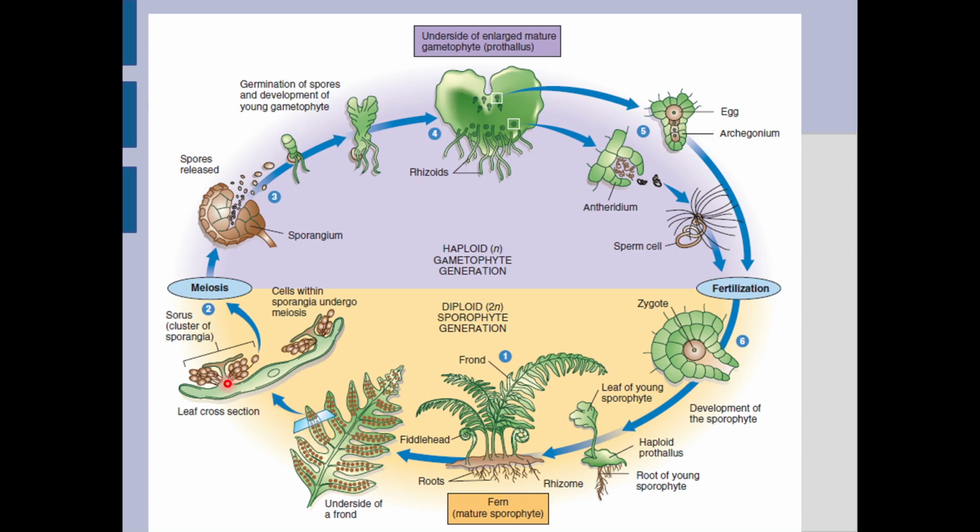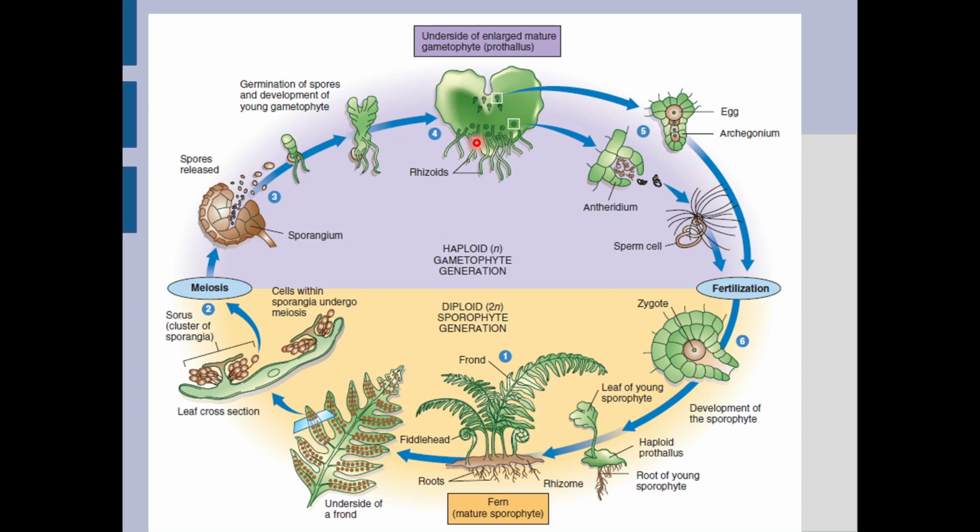And then these sori, when the spores are ready, will rupture and shed the spores that will spread with the wind. So when spores find moist soil or rock or crack, they will develop into the gametophyte that is called prothallus.